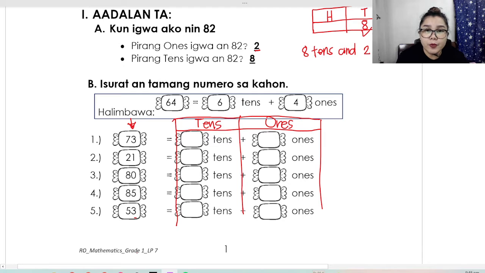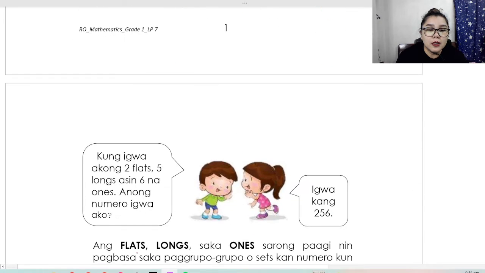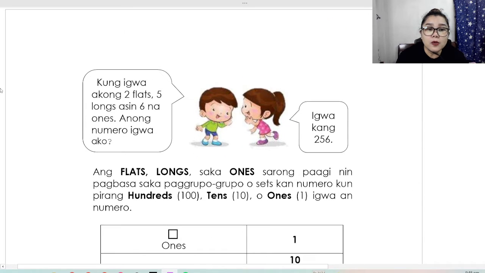And then, before we proceed to the topic connected with this one. Okay, kung igwa akong 2 flats, 5 longs, at 6 na ones, anong numero igwa ako? The answer is 256.